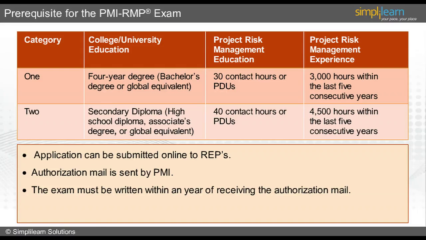In case the application is selected for auditing, the applicant must provide the copies of education certificate, the project risk management experience details, and 30 PDU project risk management proof. After that, the PMI takes about 5 to 7 working days to issue an authorization letter which serves as an approval for paying the exam fee and appearing for the examination.